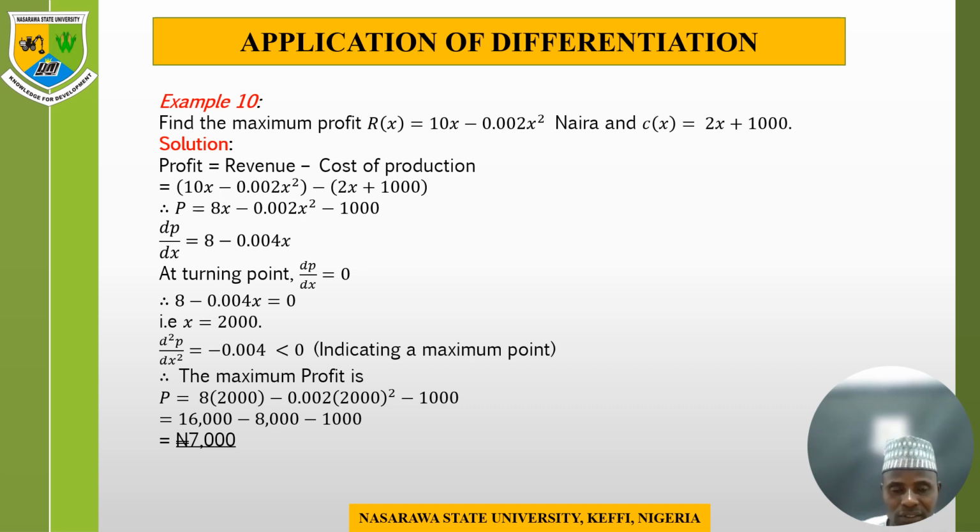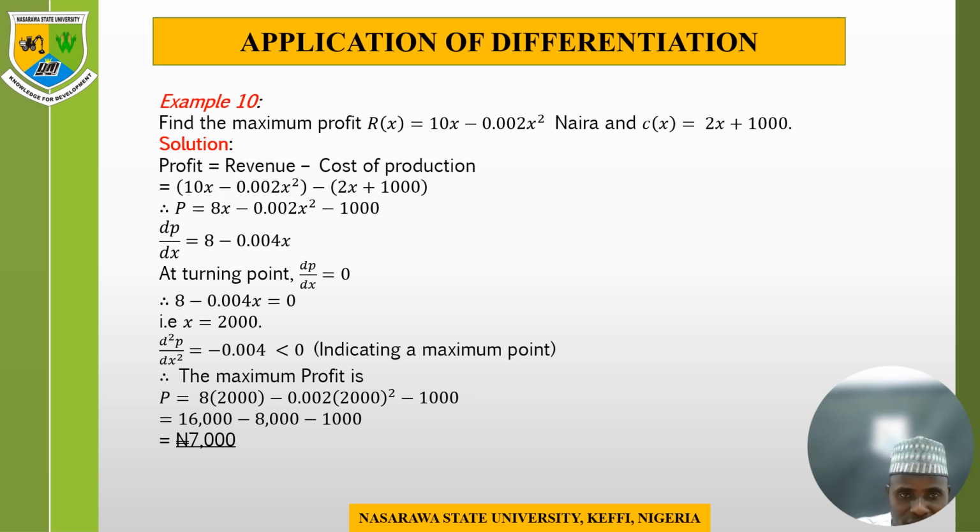So the profit equals the revenue minus the cost of production. The revenue is given to us to be this, which is defined to be R(x). Then minus the cost of production, C(x) equals 2x plus 1,000.